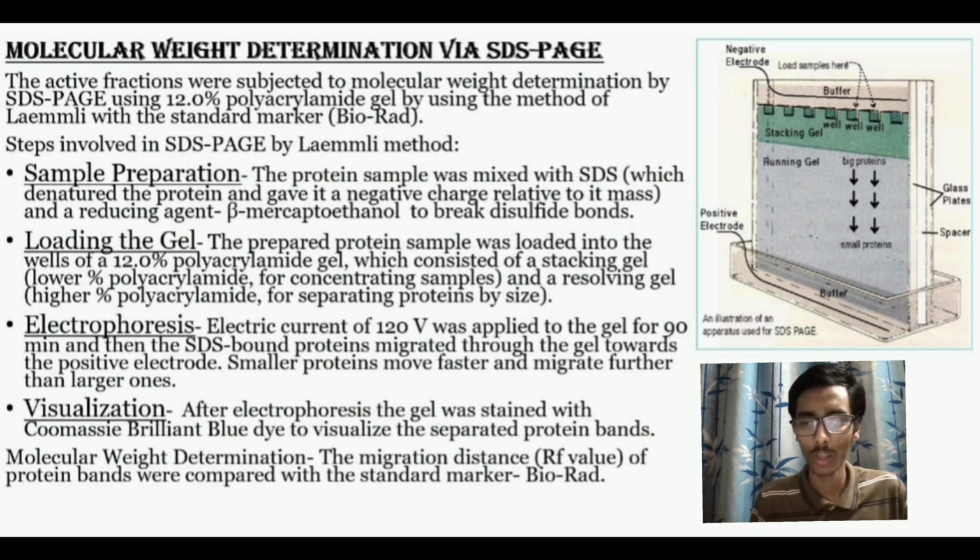Along with loading the sample, a standard marker which consists of proteins of known molecular weight is also loaded so as to compare the molecular weight of the unknown protein sample to that of the known protein sample. In this way, the molecular weight of the protein is determined using the SDS PAGE technique.